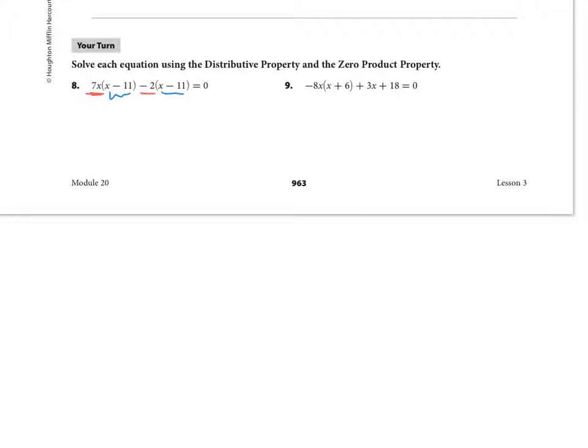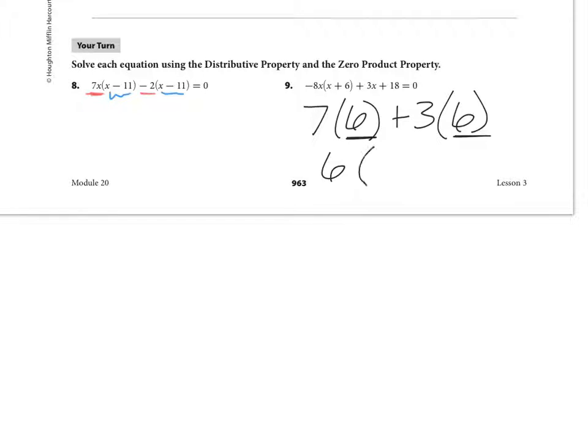So real quickly over here to the side, I'm going to write, what if I had something like this? 7 times 6 plus 3 times 6. Now obviously you can multiply each, but both of these are being multiplied by 6. So what I can do is take that 6 out and then group together the 7 and the 3.